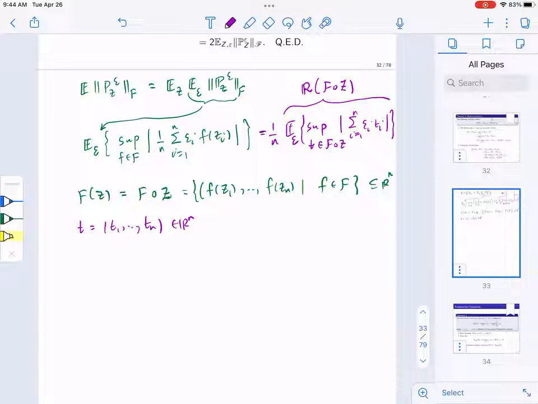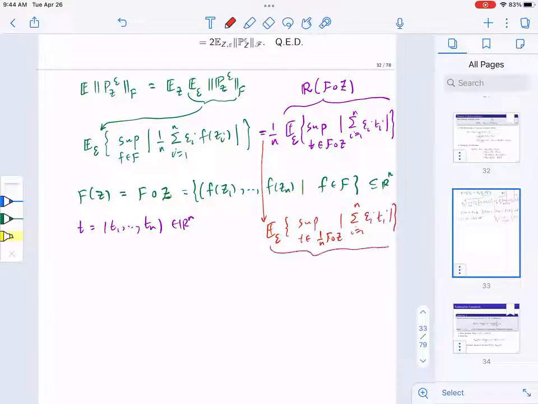Alternatively, you can write it as the supremum over t in (1/n) F∘z, which I think I have in the slides. It's just the rescaled version; these are equivalent.